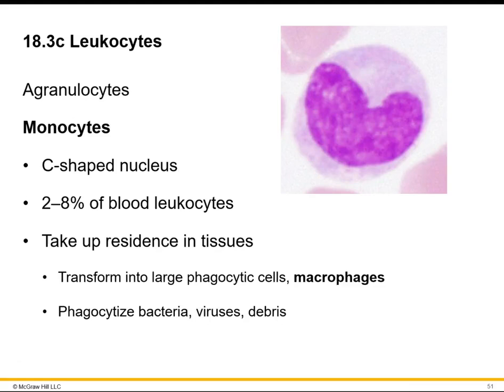And those macrophages hang out in the different tissues of your body where they phagocytize bacteria, viruses, cellular debris. Okay, so they're kind of the watchmen that are engulfing pathogens and potential problems and trying to get rid of them.